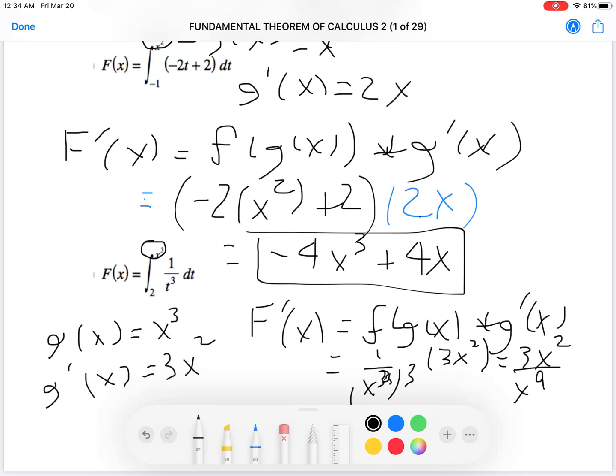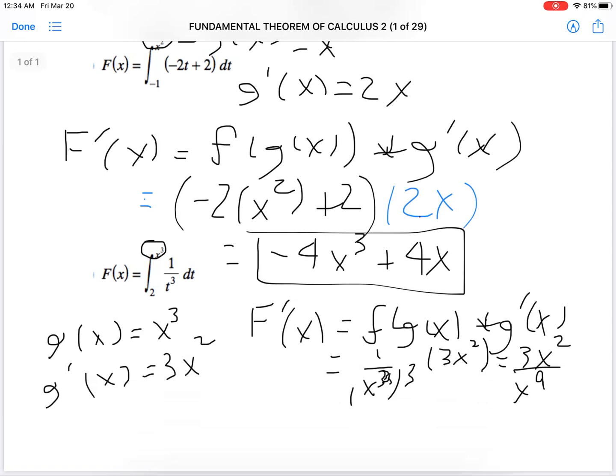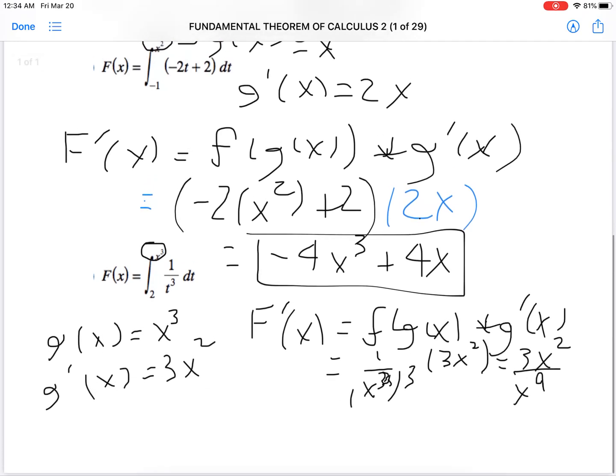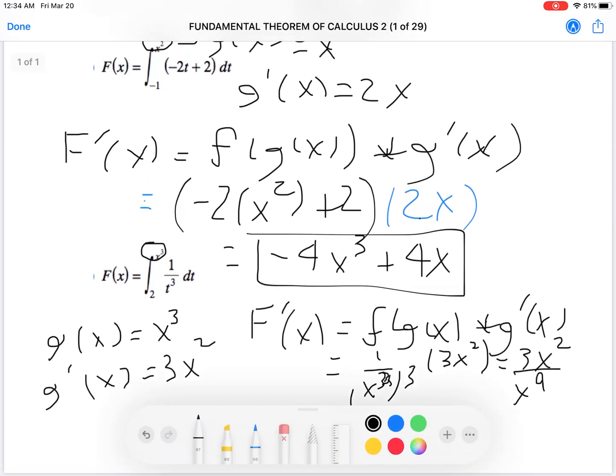I'm fine if you just write your answer like that. That shows me that you did the calculus theorem correctly. But if we want to use a little property of exponents to simplify, x to the 2 over x to the 9 is like x to the negative 7th, so that simplifies into 3 over x to the 7th.